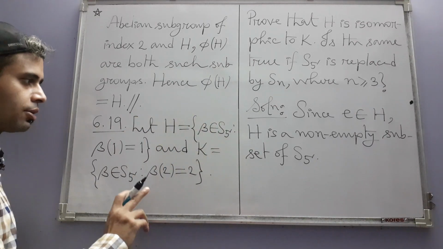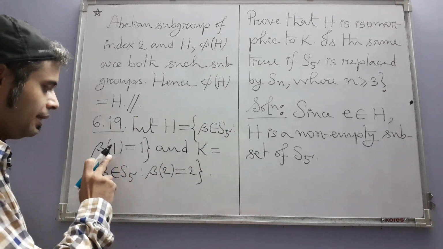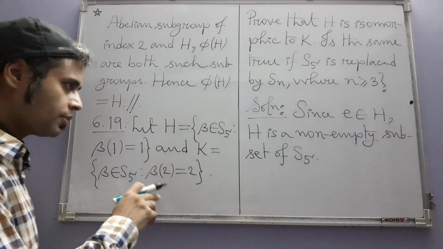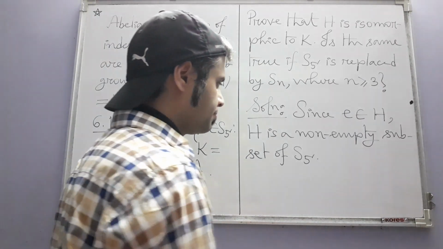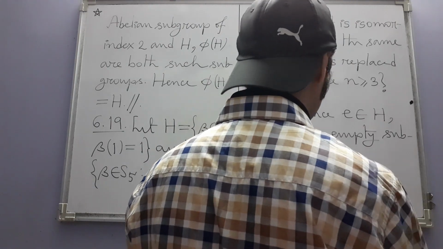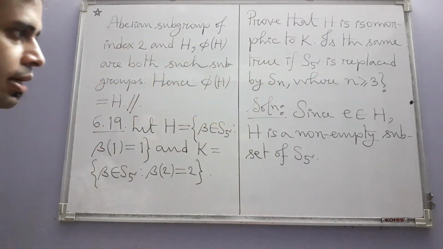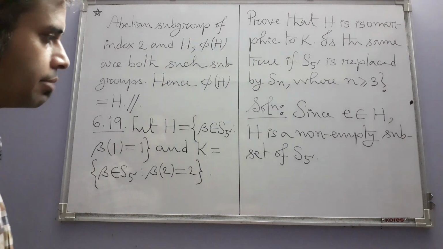Why does E belong to H? That's because E fixes 1. E actually fixes everything because it's the identity function. So E fixes 1, and that's why it belongs to H. So H has something in it, so H is non-empty.